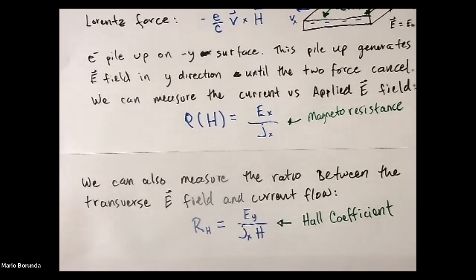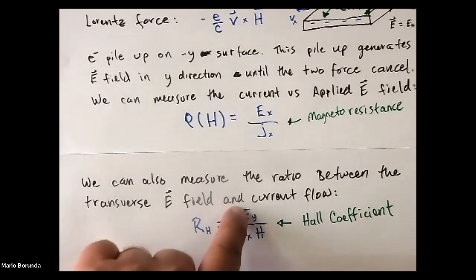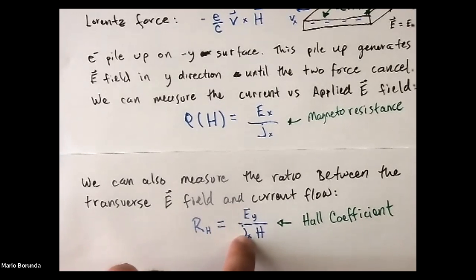First measured by Hall. And this Hall coefficient is going to be either positive or negative. For instance, if you have positive carriers as your charge carriers, then the alignment between this applied electric field, this generated electric field and the current gives you a positive value.